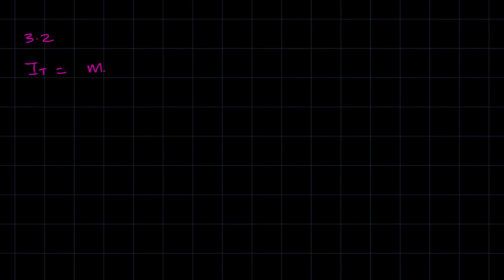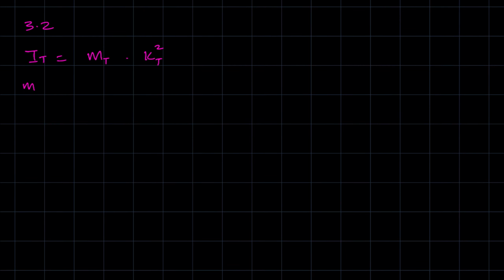So I_T would be equal to the total mass of the whole flywheel, the mass of all the parts put together, times the radius of gyration of the whole system, which is what they're looking for. This we've already calculated, so we'll be able to calculate that.